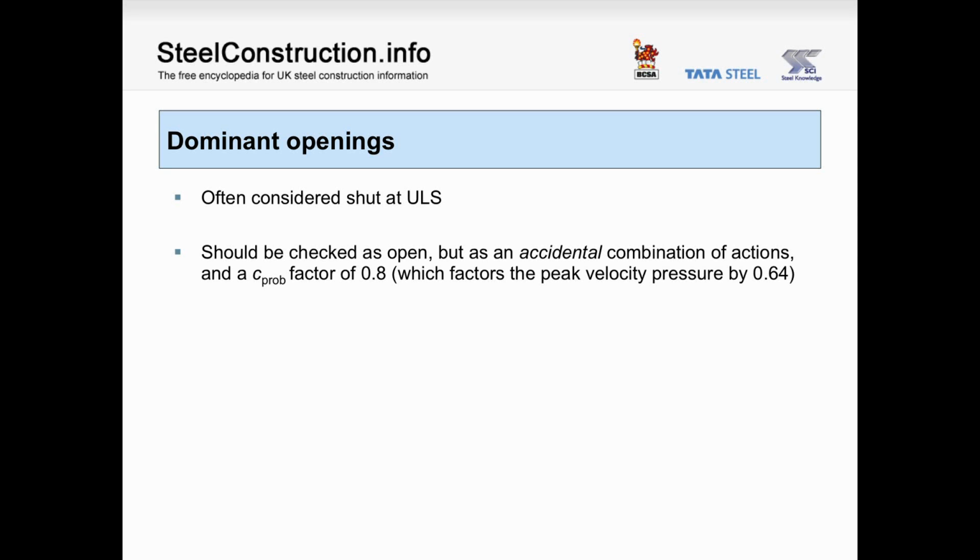Secondly, because of the reduced likelihood of that event, we would reduce the probability factor to 0.8, and because the effect of that factor is squared, the peak velocity pressure then becomes factored by 0.64. So the combination then of reduced load factors and the reduced peak velocity pressure may mean that this secondary consideration with the openings open may not be critical.